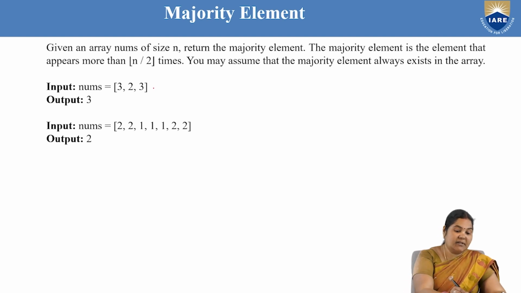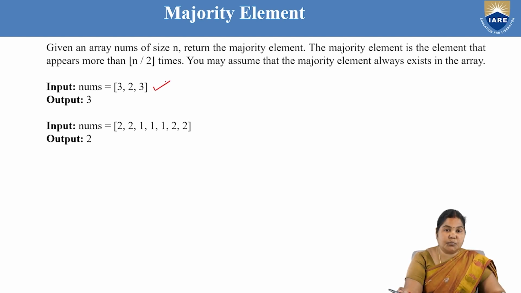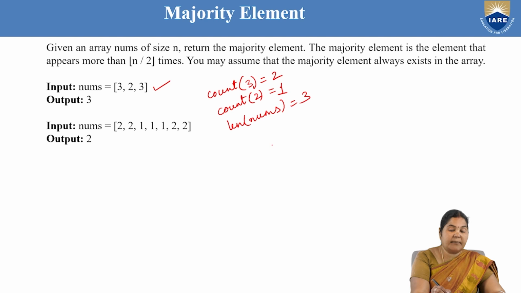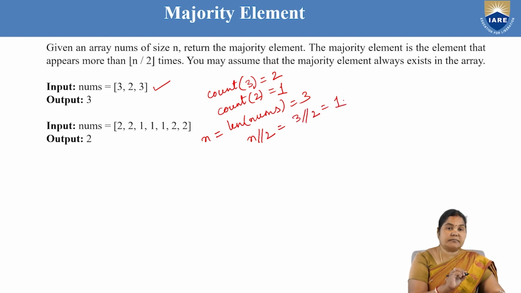For example, you see nums array contains 3, 2, 3. If you do count of the element 3, it is present 2 times. If you find out count of 2, it is present only 1 time. What is length of nums? Length of nums is equal to 3, which is nothing but, let us say, n. So n by 2, that is 3 by 2, is 1.